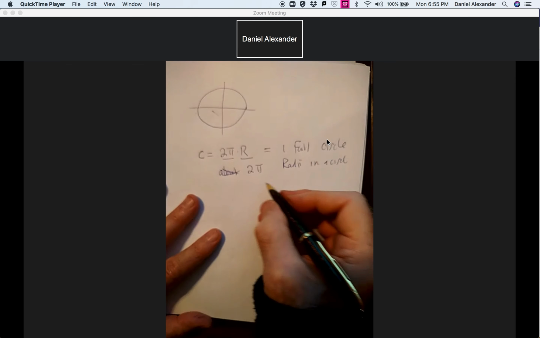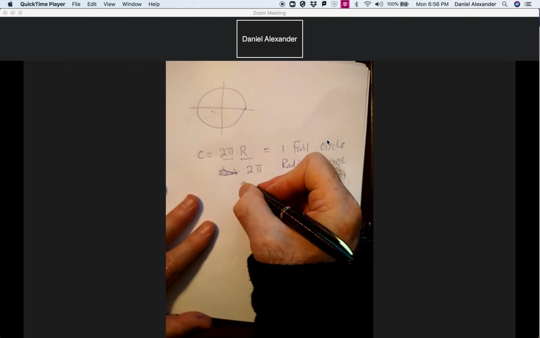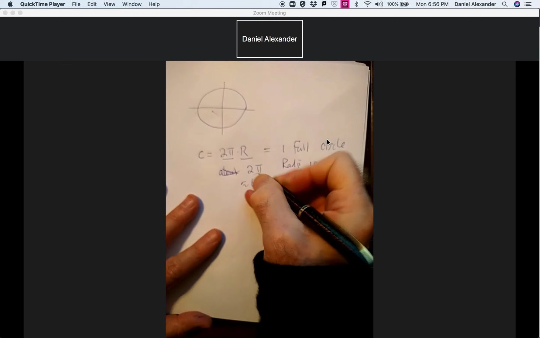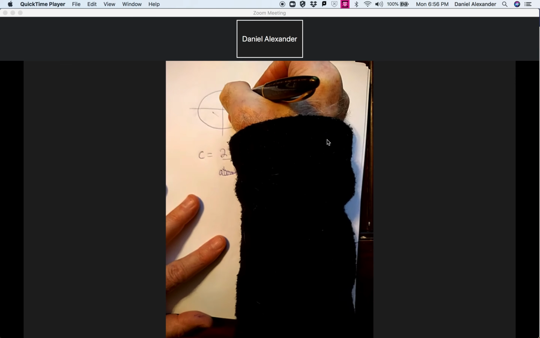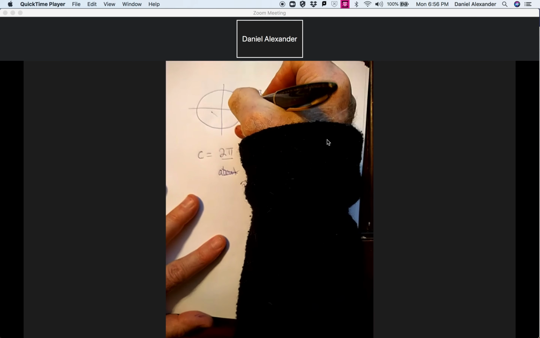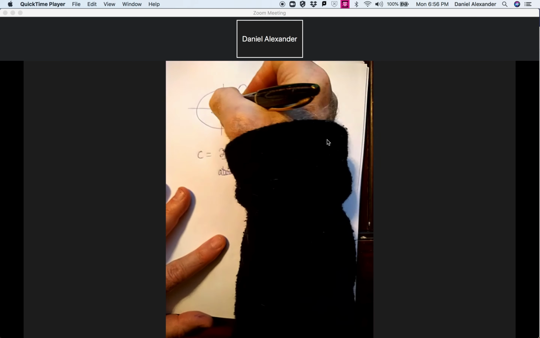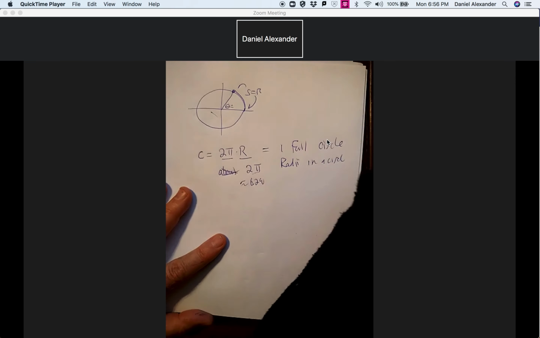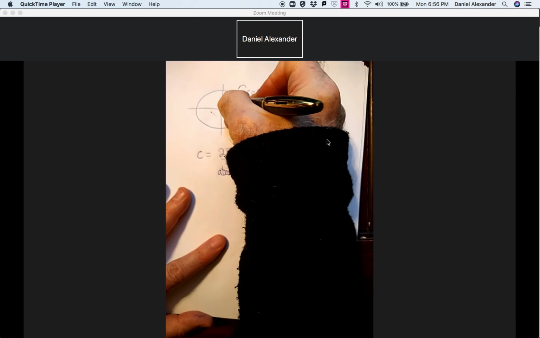Remember, 2 pi is about 6.28. So the length of one radius would be somewhere like that. If my S is R, this angle here would be about 57.3 degrees. That's what we just showed.